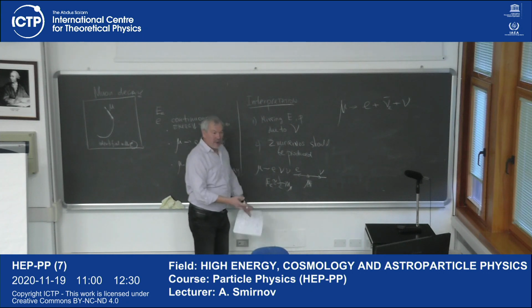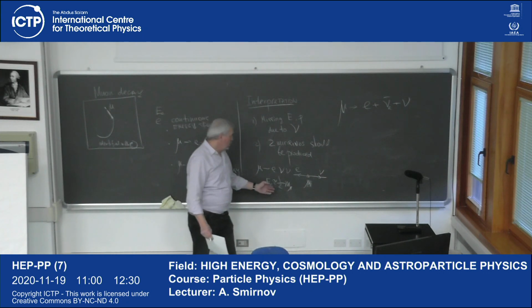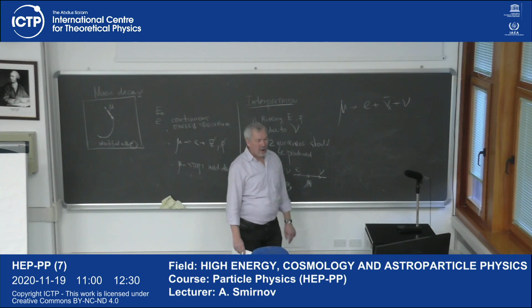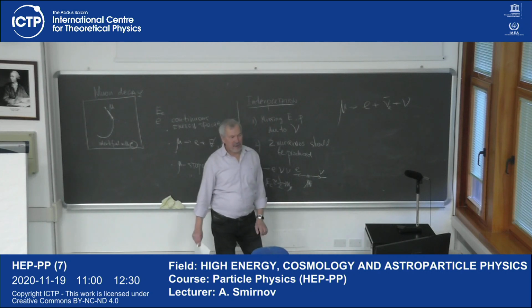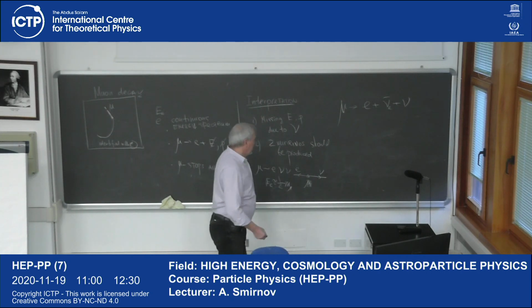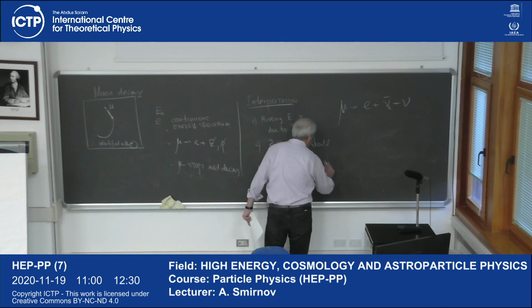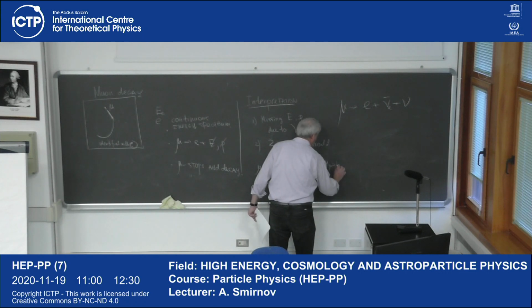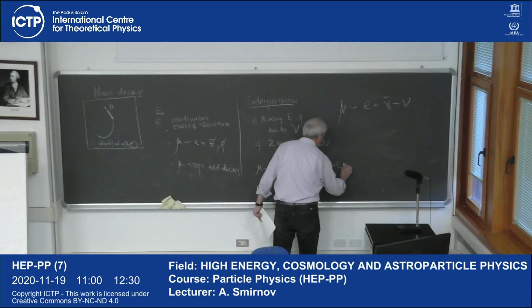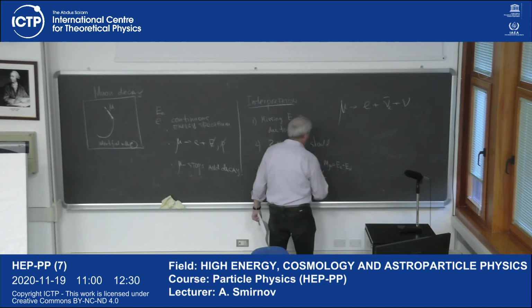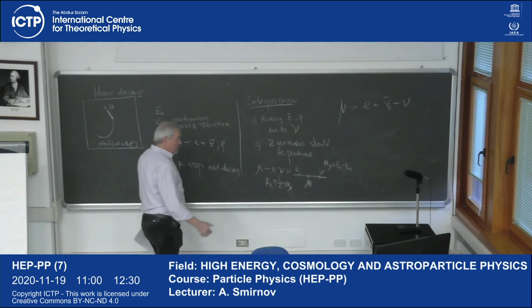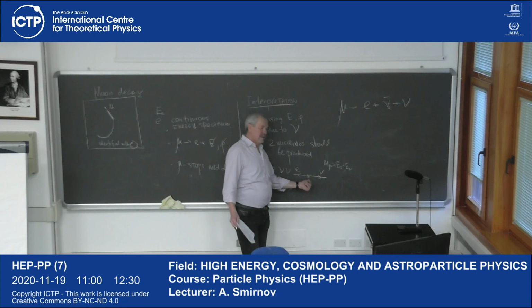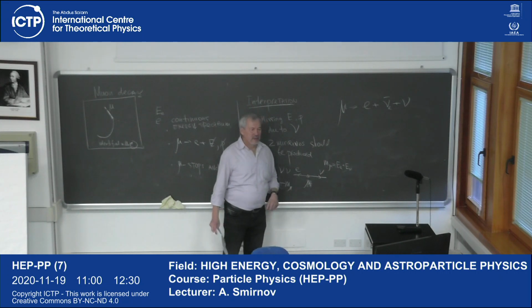And energy momentum conservation would tell us that the energy of the electron should be approximately half of the mass of the muon. And the energy of the neutrino also should be approximately half of the mass of the muon, just from energy momentum conservation. So in this case, the energy conservation means m_mu equals the energy of the electron plus the energy of the neutrino. And since both particles are light, we satisfy also momentum conservation because the particle is at rest, and then the momentum should be.